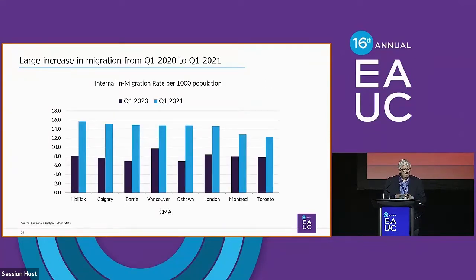And you can see here, this is just some test data that I just got out yesterday, actually, through the help of some colleagues, which shows the internal in-migration rate per 1,000 population in Q1 of 2020, right in the middle of the pandemic, and Q1 of 2021. And you can see the big pickup in migration and mobility that happened during those periods.